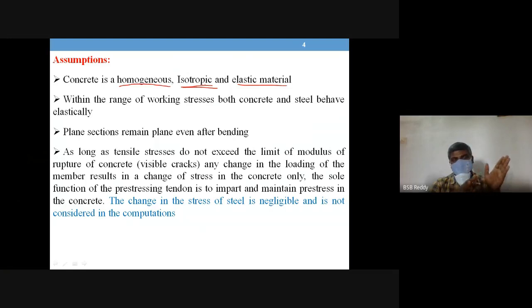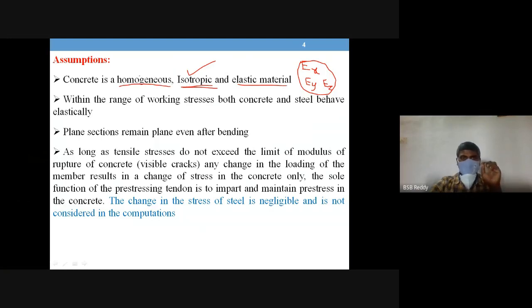For example, Young's modulus in x direction, y direction, and z direction. In any direction, whatever property you take, maybe Young's modulus or Poisson's ratio, that will be the same in all directions. Not only these three, in any direction the properties are the same. That is what is called an isotropic material.